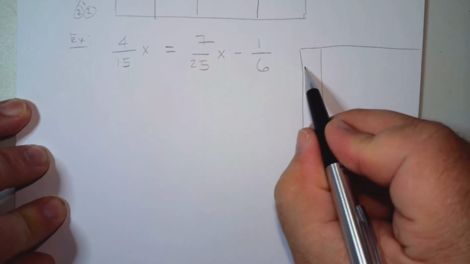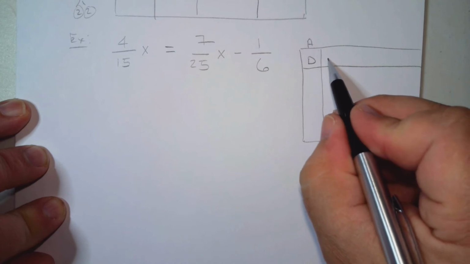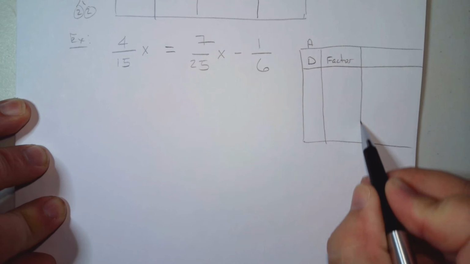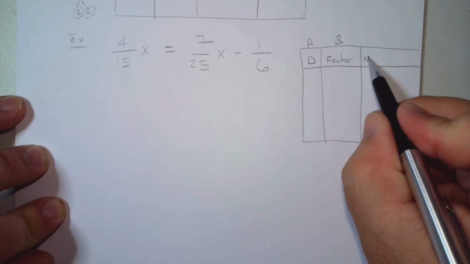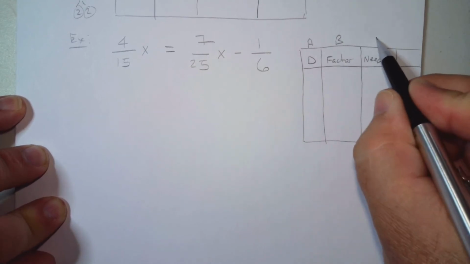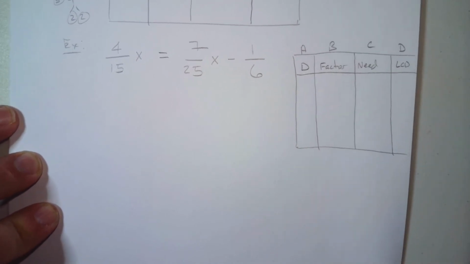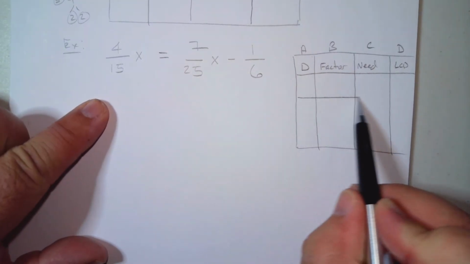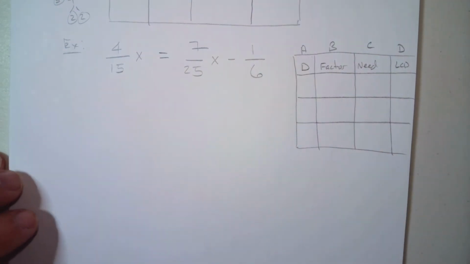So I'll make my chart table. My denominators, that's column A. The factor part, call that column B. The need column, that's column C. And the LCD is column D. Now, since I have 1, 2, 3, I need 3 parts.